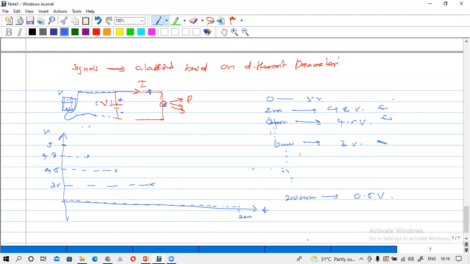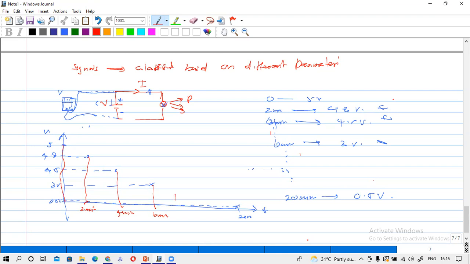We don't know, these are not exact values. I just take an example. So it may be 0.5 volt. So if I plot these values here, it is 5 volts. Here it is 4.8 at 2 minutes. Here it is 4.5 at 4 minutes. Here it is 3 volts at 6 minutes.